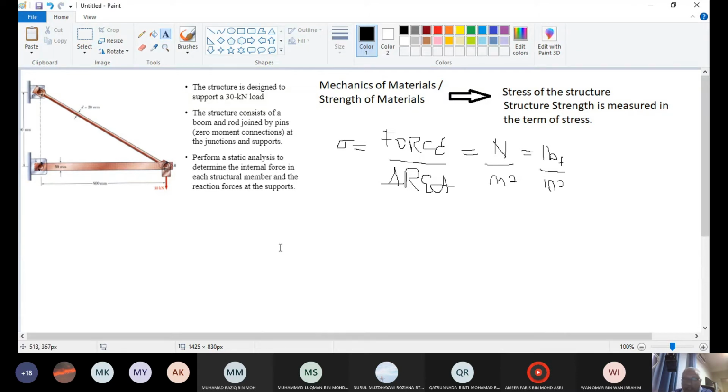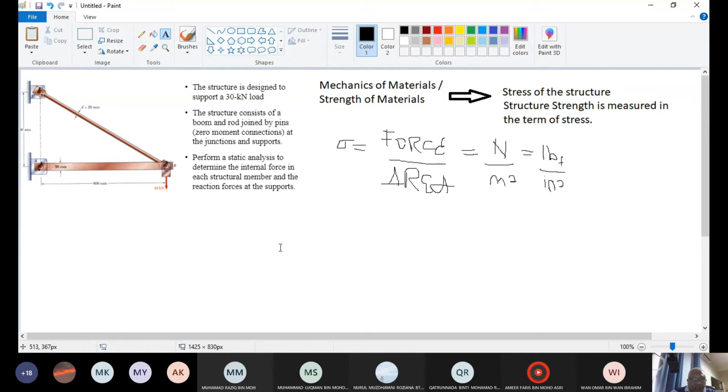So that is a very simple concept. You don't need to think hard about this. Just think of what we are studying now as calculating the strength of the structure after the load is applied. And that strength is measured in terms of stress. And we compare with the material strength, which is also in stress.